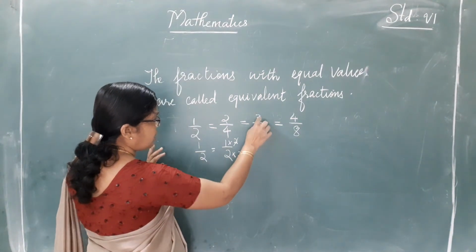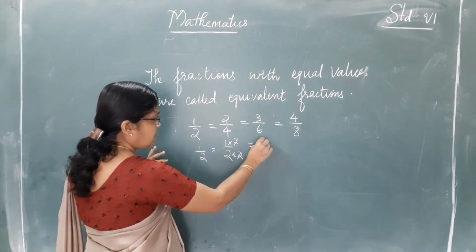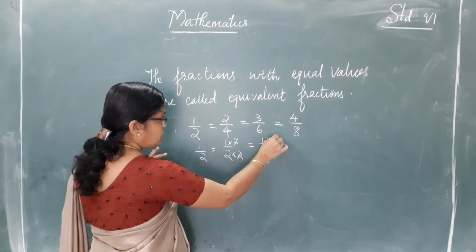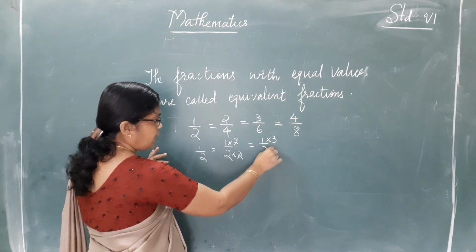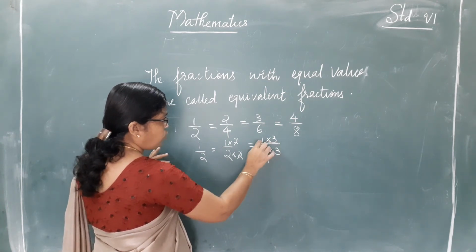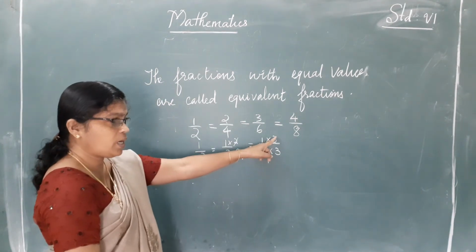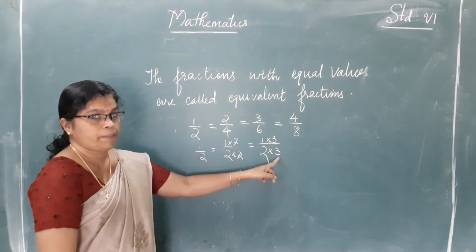Again you see children, 3 by 6. How does it come? That is 1 by 2, this numerator into 3 times and the denominator into 3 times. 1 into 3 is 3 and 2 into 3 is 6. See, the numerator and the denominator, the same number. Right?